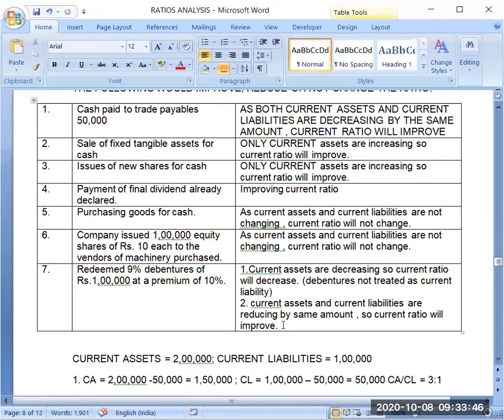And here you should write the assumption: if debentures are treated as current liability.